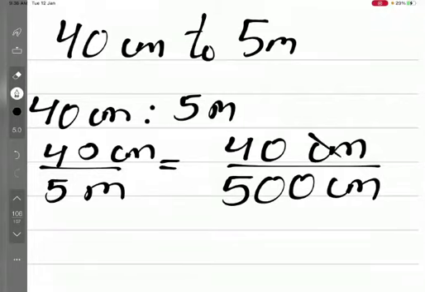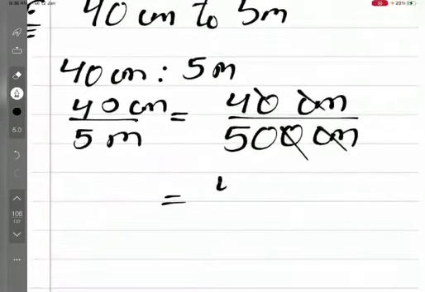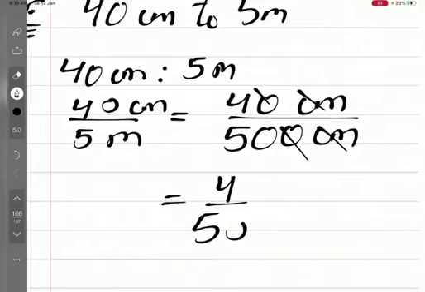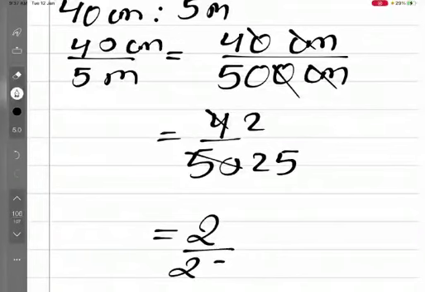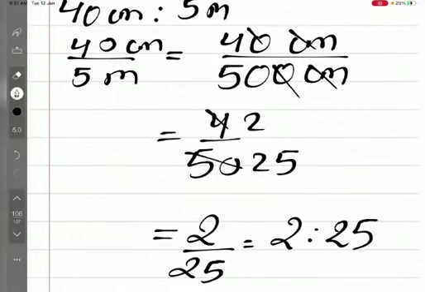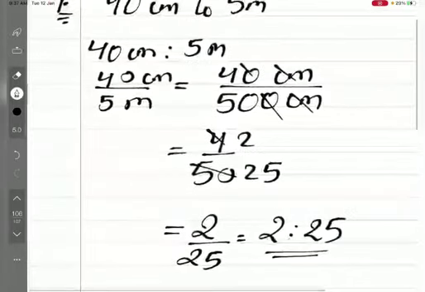So we now have 4 by 50. Now we can cancel the common number: 2 twos are 4 and 2 twenty-fives are 50. So this becomes 2 upon 25, and can be written as 2 is to 25. So this is the ratio between the two quantities 40 centimeters and 5 meters.